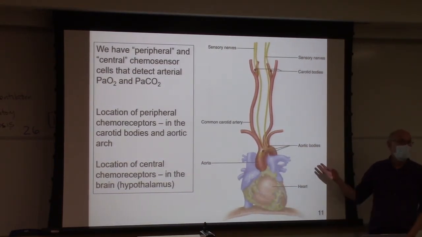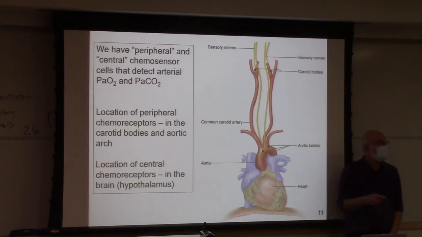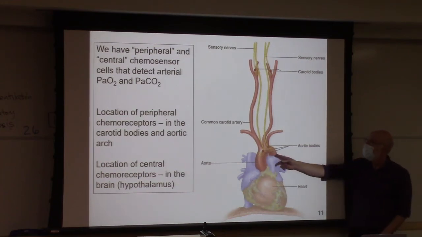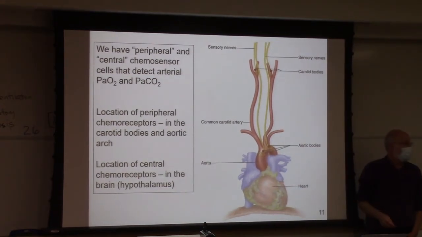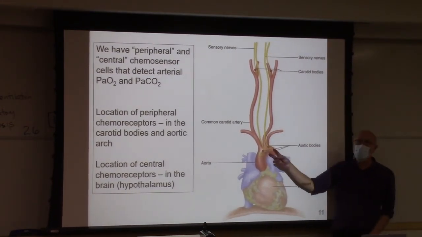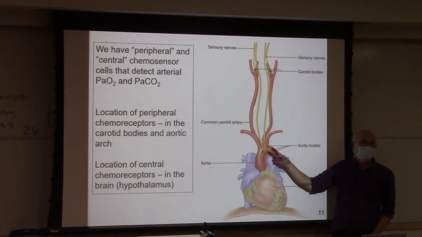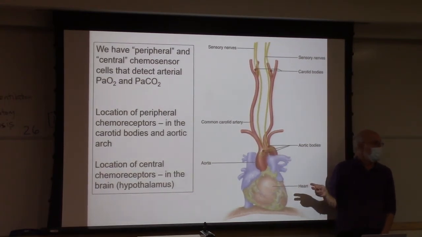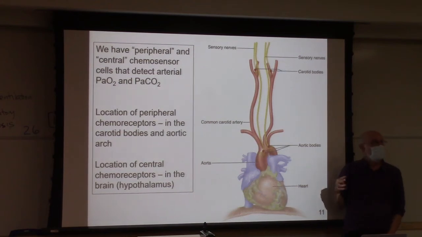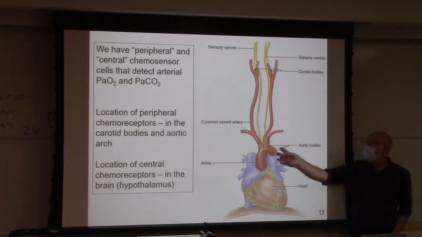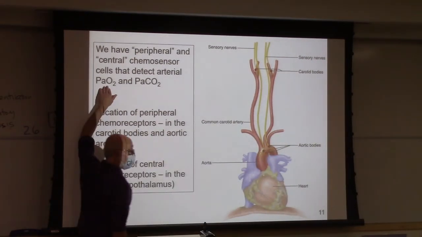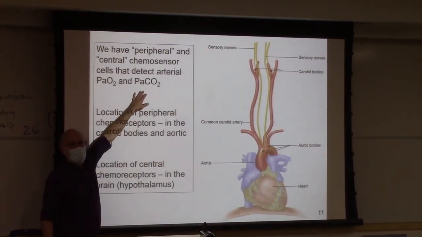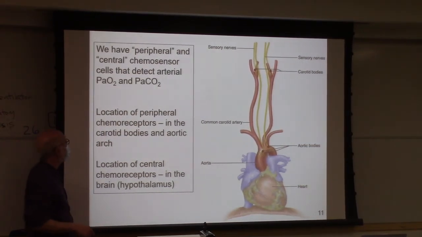Luckily, anatomically, the chemosensors are in the same places as the baroreceptors that you learned about in the cardiovascular system. They're in the aortic arch and in the bifurcation of the carotid artery. Some of the cells in the aortic arch are baroreceptors, and some of them are chemoreceptors. The point is we have cells in our arterial system that detect partial pressure of oxygen and partial pressure of CO2 indirectly. I'll explain what that means in a minute.